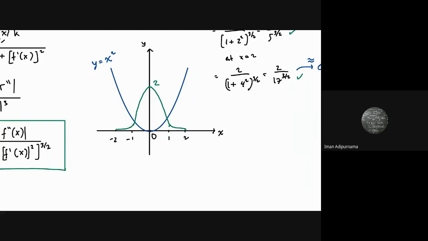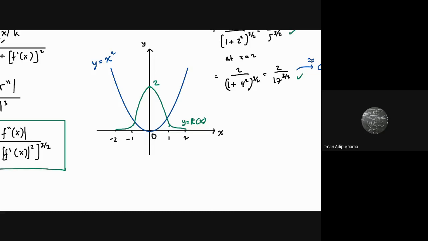So if it crosses 0 here, it will change from negative to positive, which is in terms of curvature. So this is the curvature graph. The green one is the curvature graph. We will see the change of the curvature.